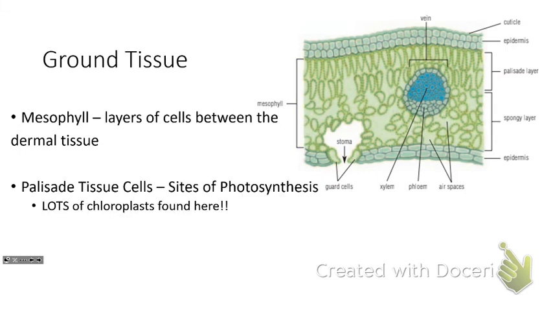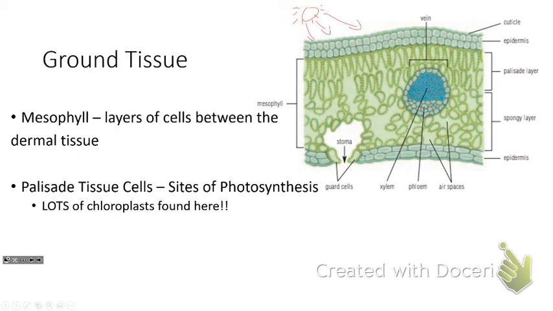Within that mesophyll, we have a couple different areas as well. At the top side of the leaf, the sun is going to be coming from up here, coming this way.